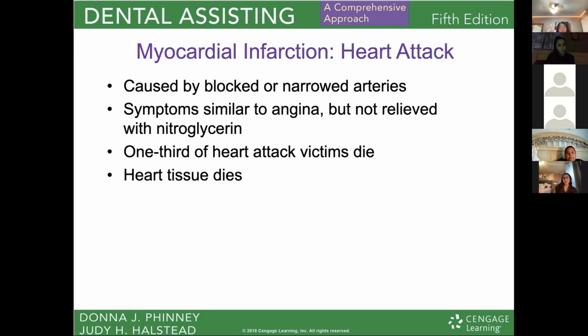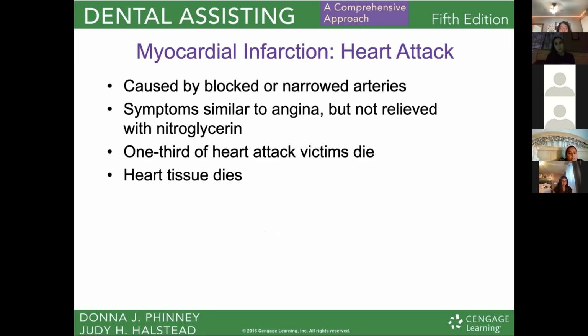So myocardial infarction is a fancy term for a heart attack. So myocardial infarction means the tissues of the heart start to die. So this is caused by a blocked or narrow artery or arteries, and the symptoms are similar to angina, but are not relieved with the administration of nitroglycerin.